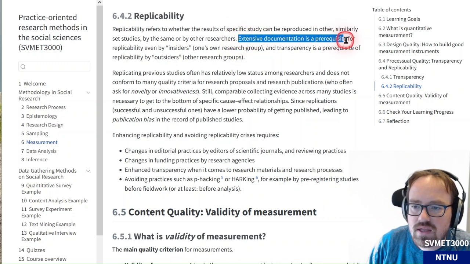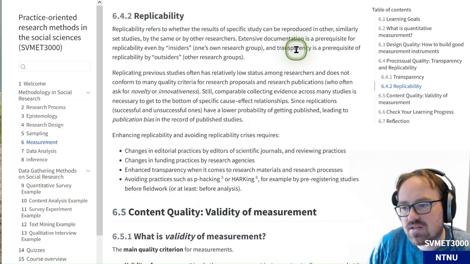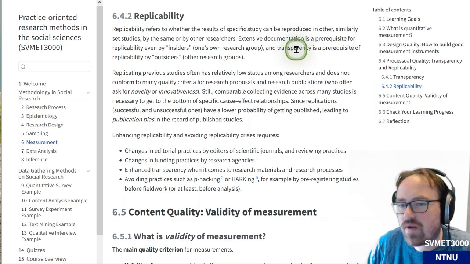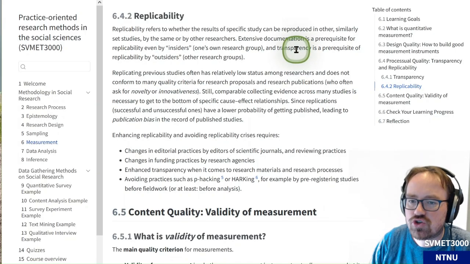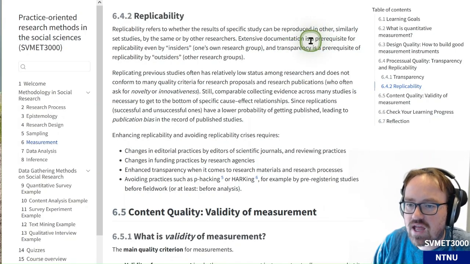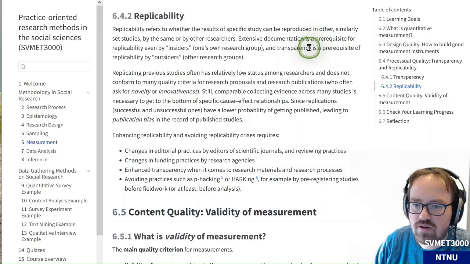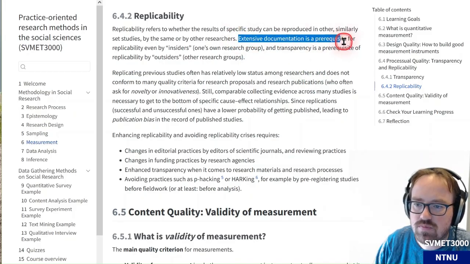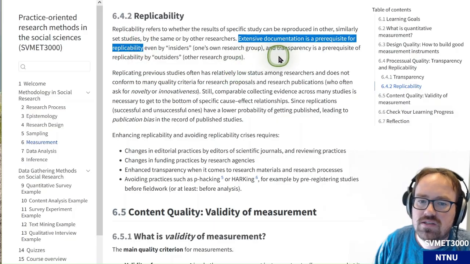To achieve replicability, it's not your fault if your results don't replicate, but it's your duty to ensure that replication studies can be done as closely matching the initial study as possible. And therefore, again, transparency is key. Extensive documentation is a prerequisite for replicability.